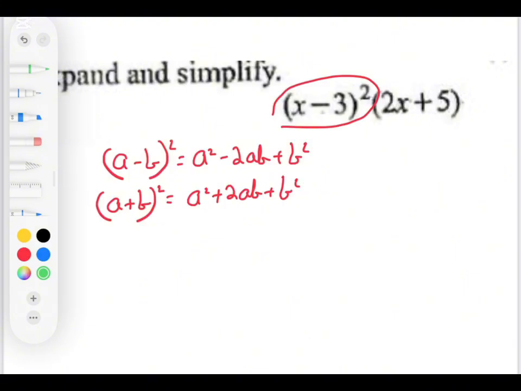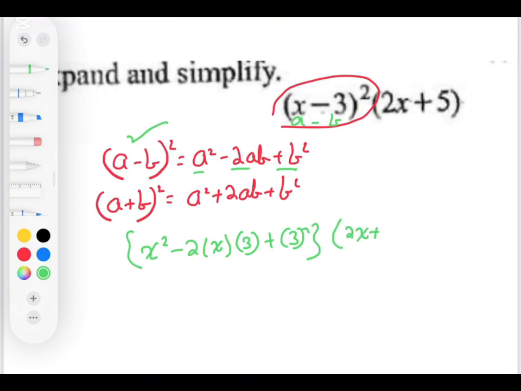In this you can see a minus b, so I will apply the first formula. a is x, so I will write x² - 2ab + b², which simplifies to x² - 6x + 9. Now we have 2x + 5.